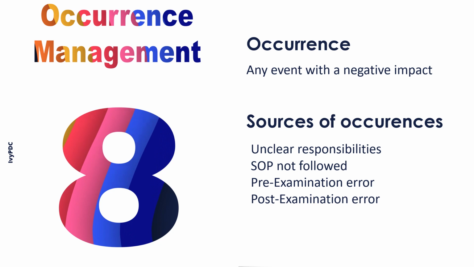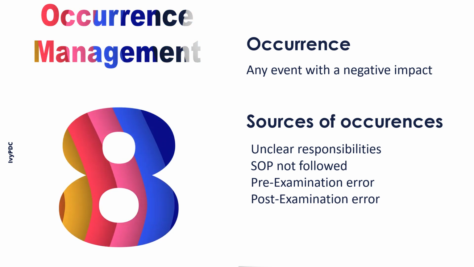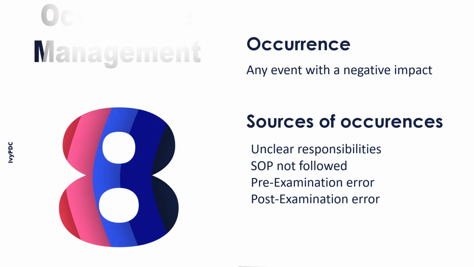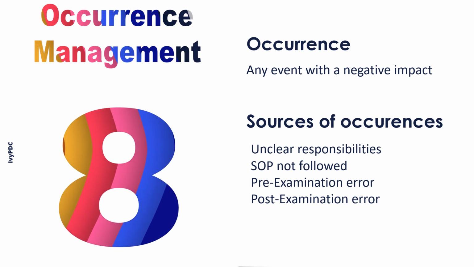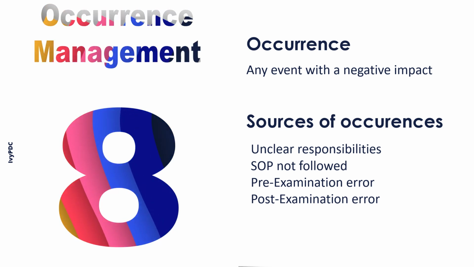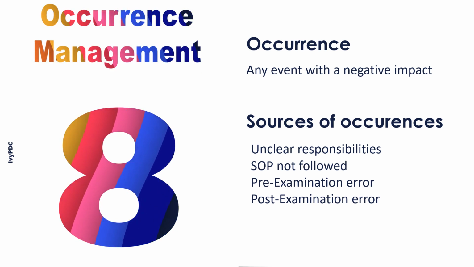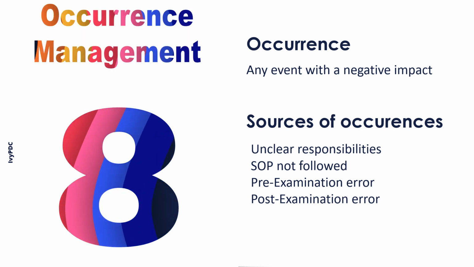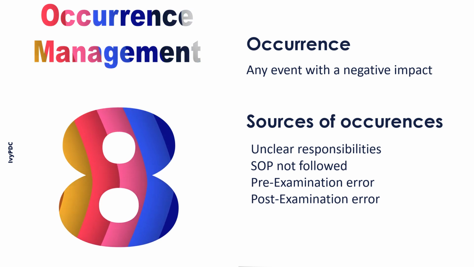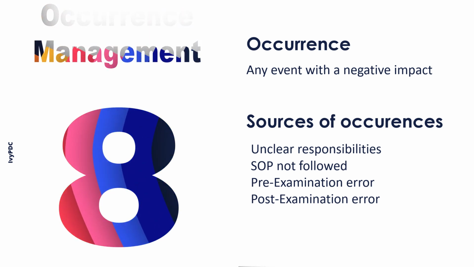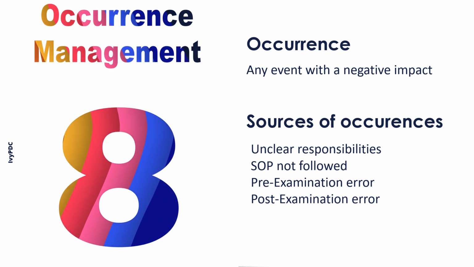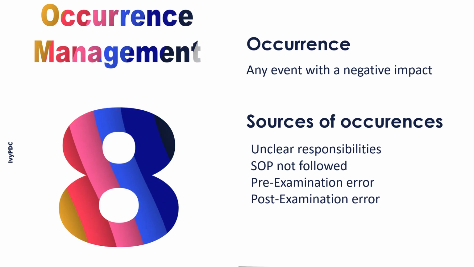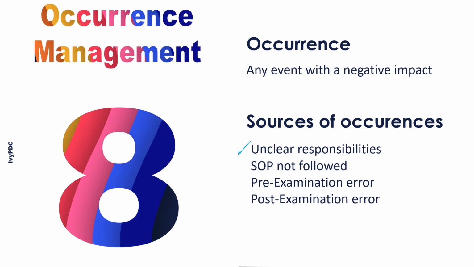Some of the causes of error in the laboratory may be easily identified and readily corrected, which is good. But sometimes they need a deeper investigation and procedure to find out what happened, why there was an error, and how to correct the error. Some sources of occurrences would be, for example, an unclear responsibility.